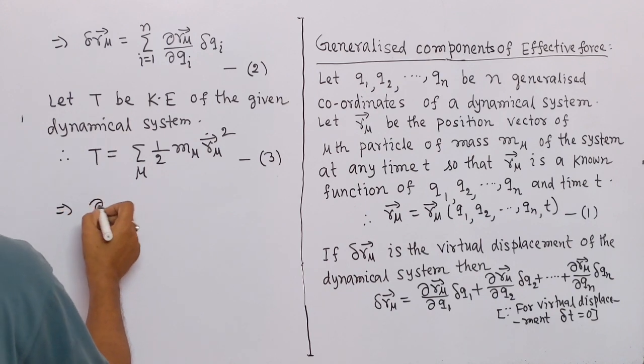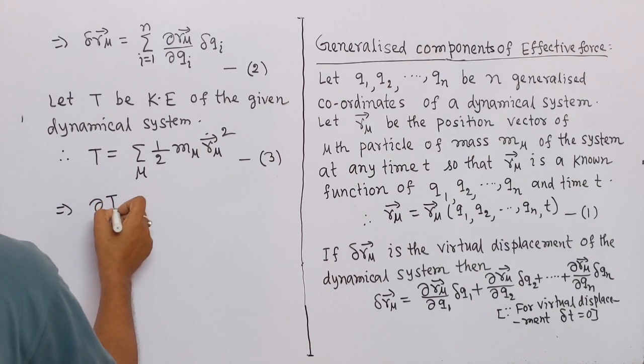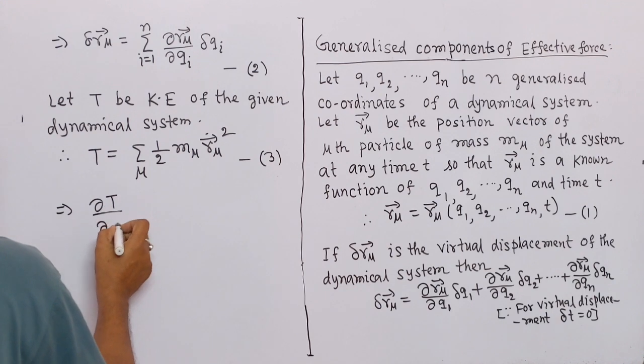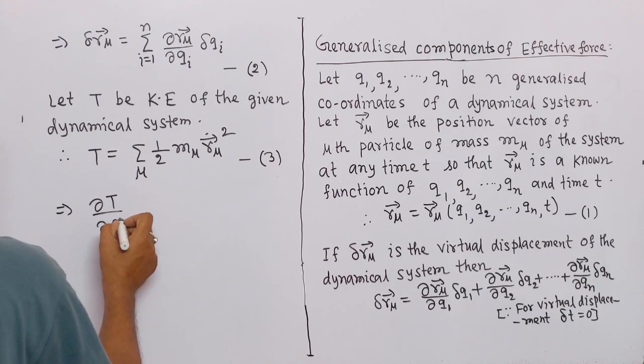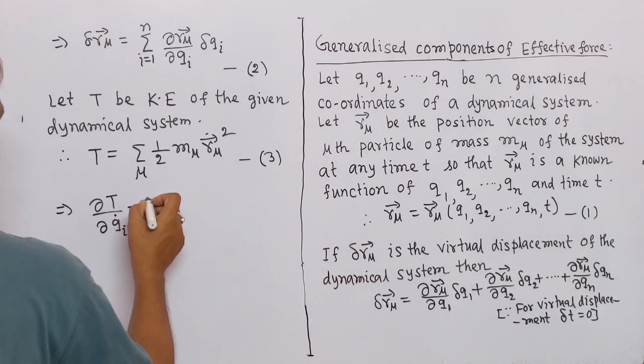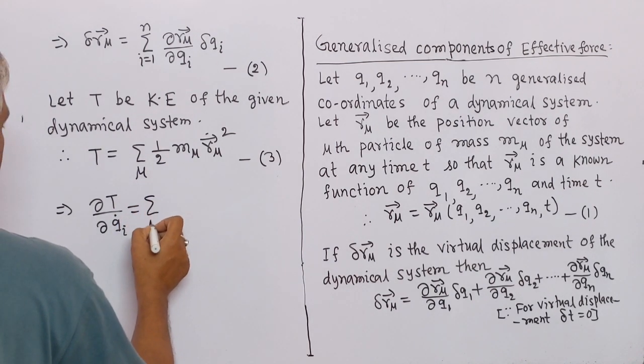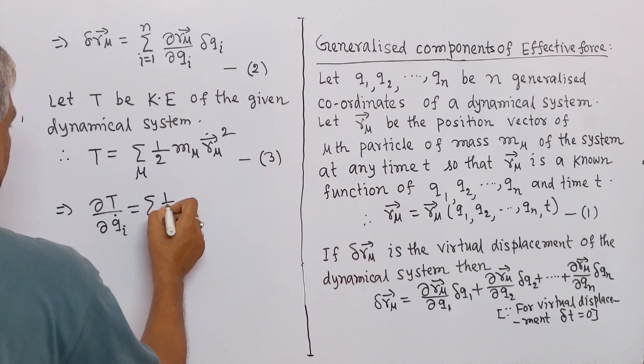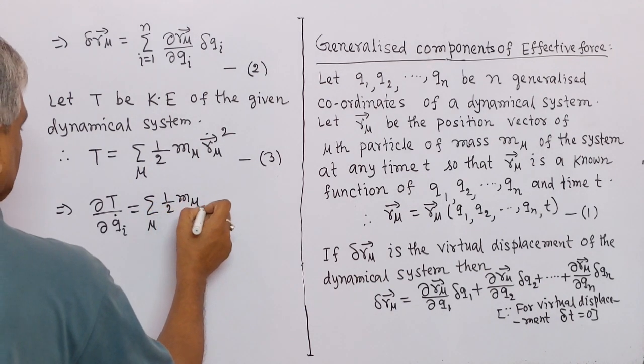This implies that the partial derivative of T with respect to q i dot equals sigma mu half m mu.